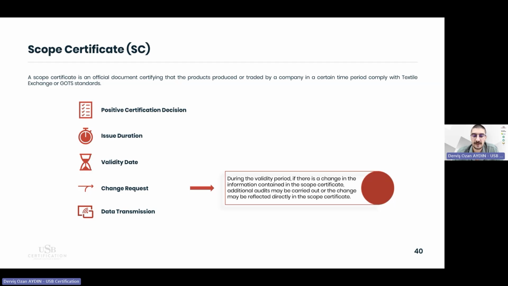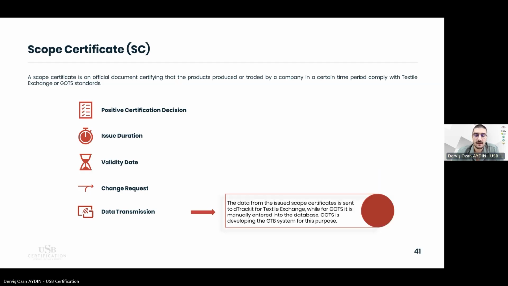Requests come from organizations. About data transmission of scope certificates: the data from issued scope certificates is sent to the tracking system for Textile Exchange, while for GOTS it is manually entered into the GOTS database for now. GOTS is developing a GTP system for this purpose.